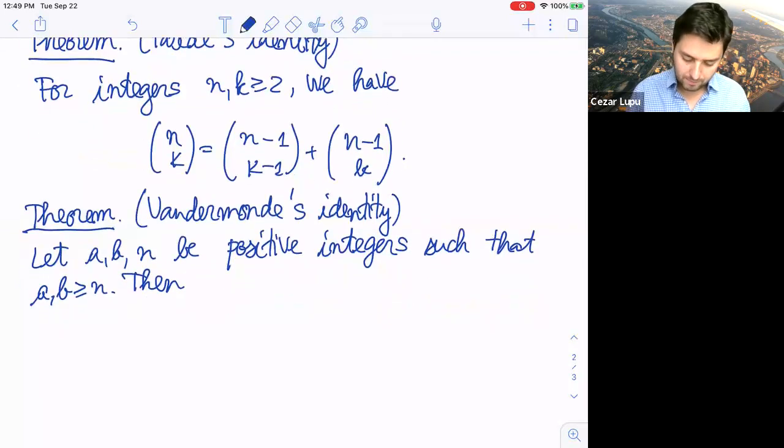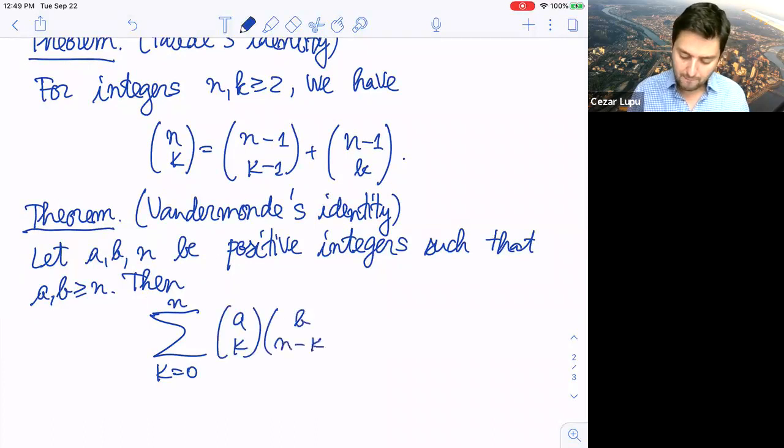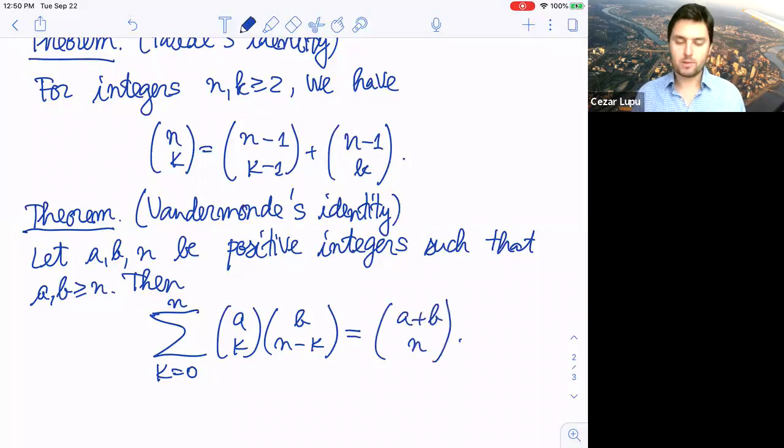The sum of A choose K times B choose N minus K is nothing else than just A plus B choose N. So this is the Vandermonde identity, very important.